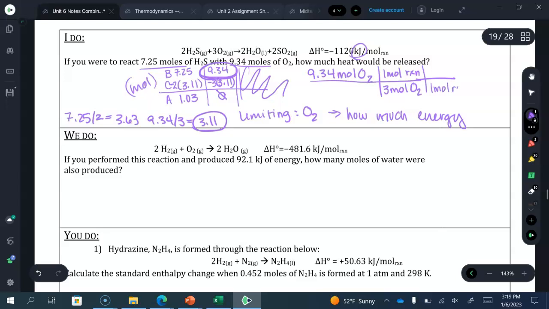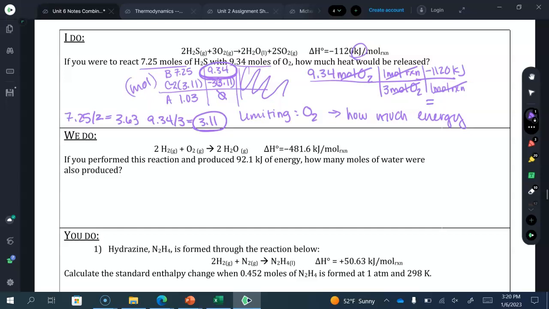So 1 mole of reaction, and use my delta H here, is negative 1120 kilojoules. So if I plug in and do the math for this, these cancel, I'm left with just kilojoules for my reaction.